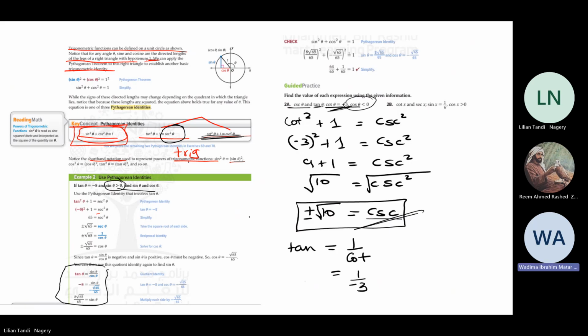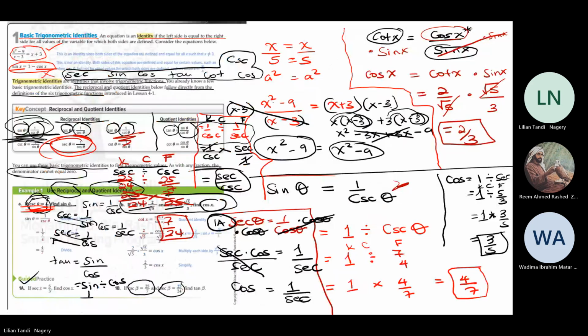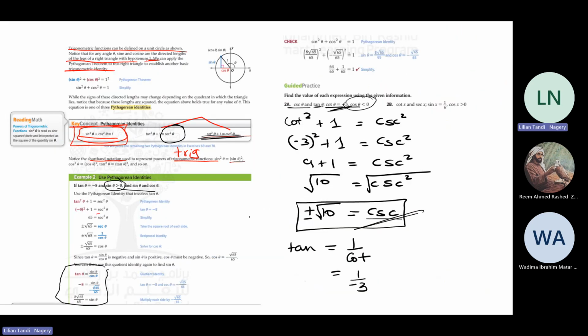1 over cosine. And is there another way? Is there another way to find secant? No. You're sure? What did the question give us? It gave us cosecant and it gave us cotangent.